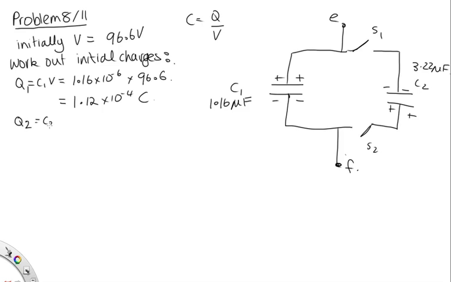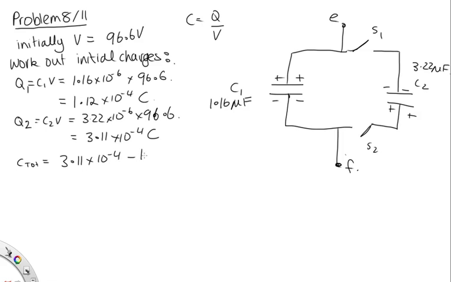Q2 will be C2V, so that will be 3.22 times 10 to the minus 6 times 96.6, and so solving that we get 3.11 times 10 to the minus 4 coulombs. So the negative charge here will cancel out all the positive charge here. So Q total will be 3.11 times 10 to the minus 4 minus 1.12 times 10 to the minus 4, and so that will be 1.97 times 10 to the minus 4 coulombs.